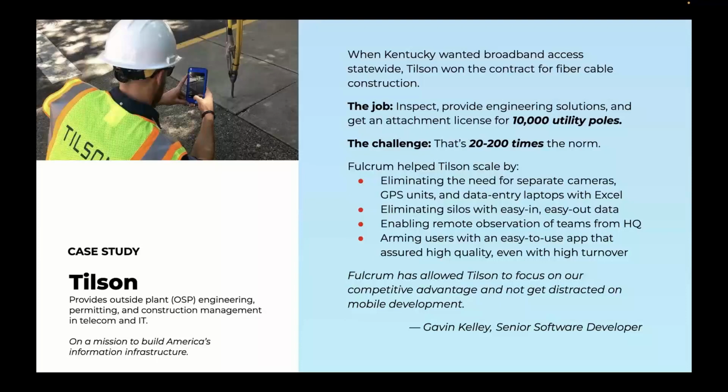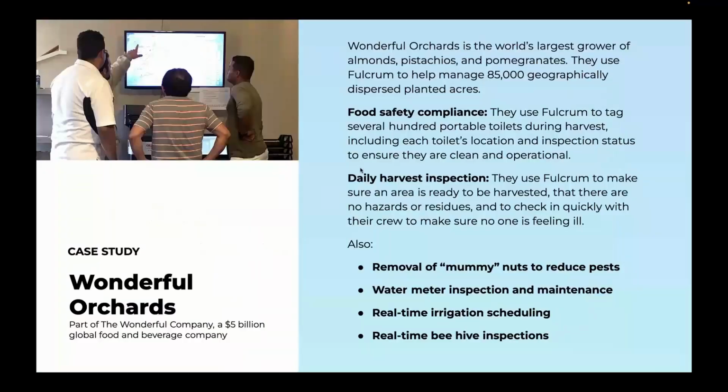Another one, in a different vein, is Wonderful Orchards out of California, part of the Wonderful company, which some may be familiar with, and which works in the agriculture space. One thing they benefit from enormously and love about Fulcrum is the ease of use. They have a lot of staff that are hourly workers, people coming and going.